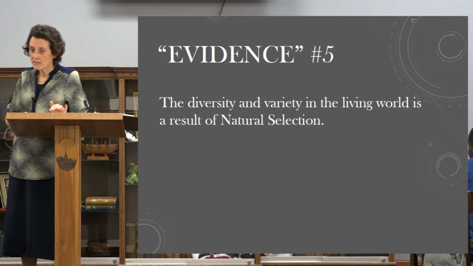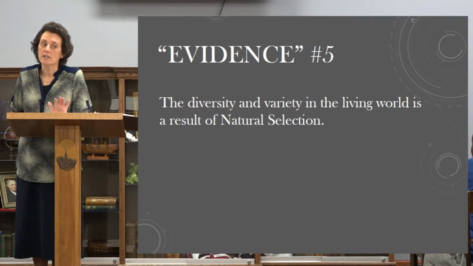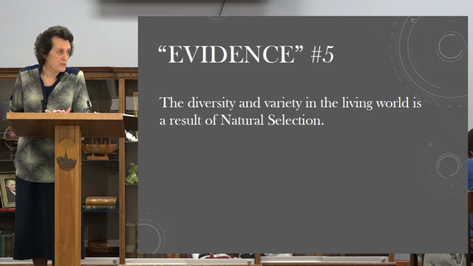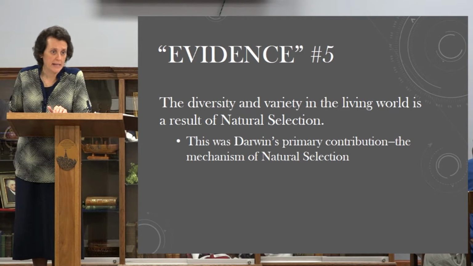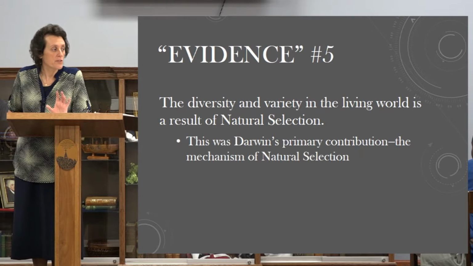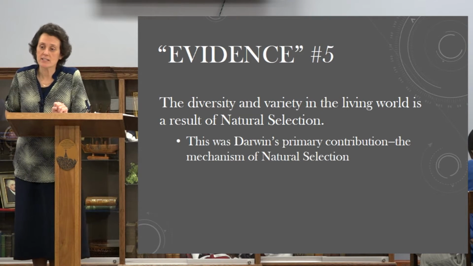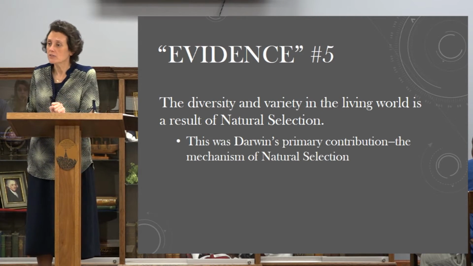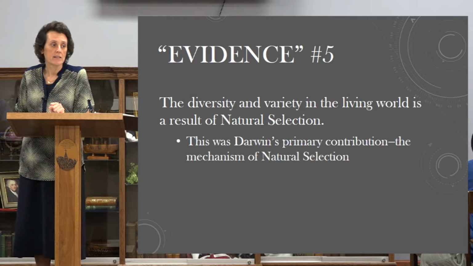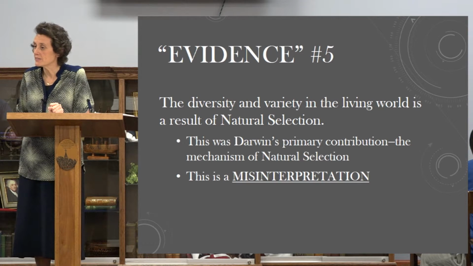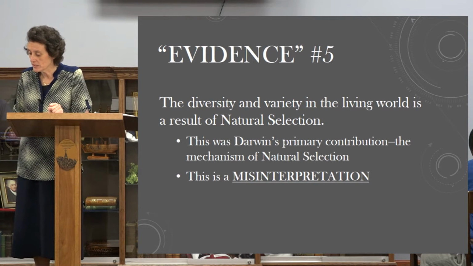So, can we use those 3 steps of gradualism to explain diversity and variety? Darwin's primary contribution is natural selection, which he documented extensively in his book, Origin of Species. So Darwin is important to evolution because he provided the mechanism of natural selection.